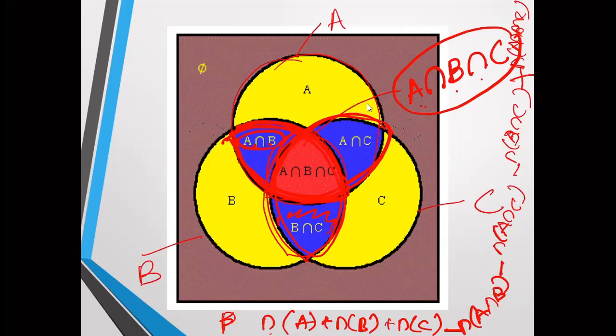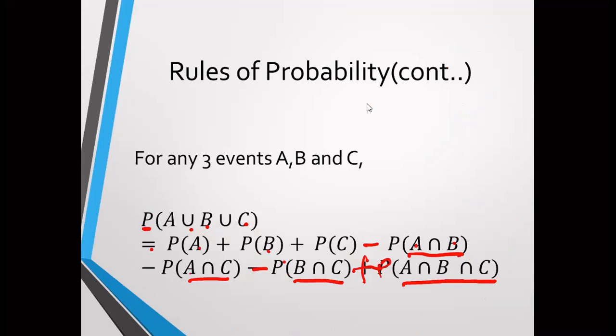But the original one was in terms of P, probability of this. So if we want, we can write this as the number of elements in this set is equal to NA plus NB plus NC minus NA intersection B, NA intersection C, NB intersection C, plus NA intersection B intersection C. So that is called the additive rule.